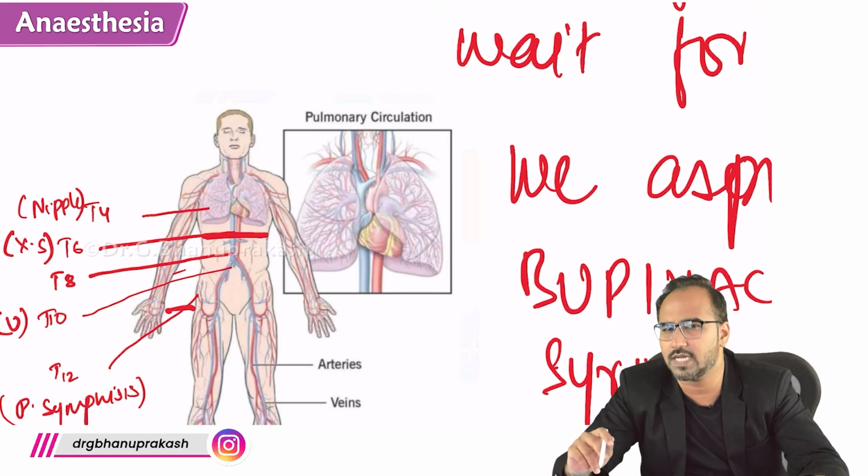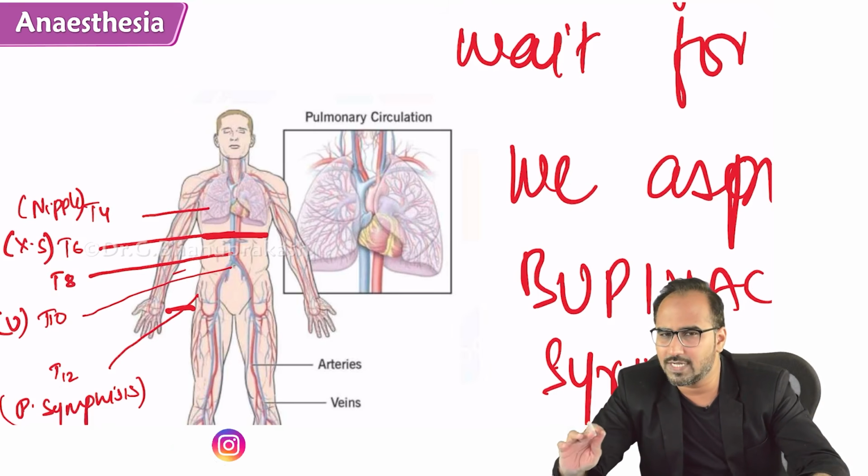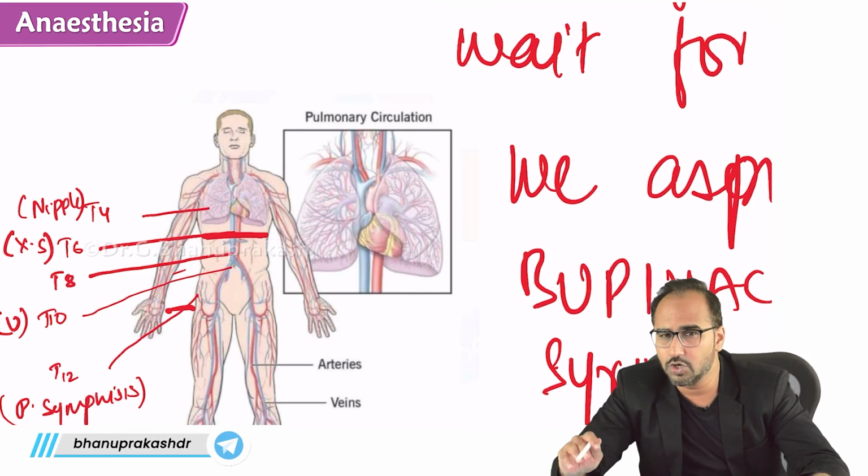The patient is telling pain is there. You make the patient lie down in head-low posture. Okay? Now, take the needle and scratch near the umbilicus. No pain, T10 is blocked. Take the needle, scratch between the umbilicus and xiphoid sternum. No pain, T8 is blocked. Take the needle and scratch near the xiphoid sternum. No pain, T6 is blocked. Okay? Make the patient lie down in a normal posture.